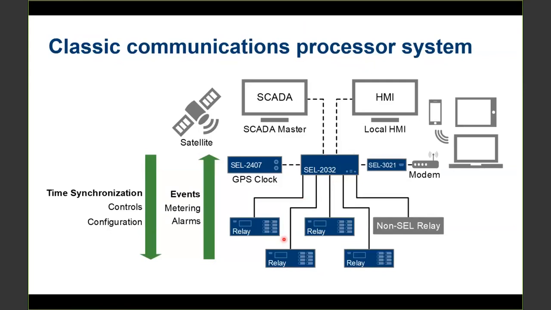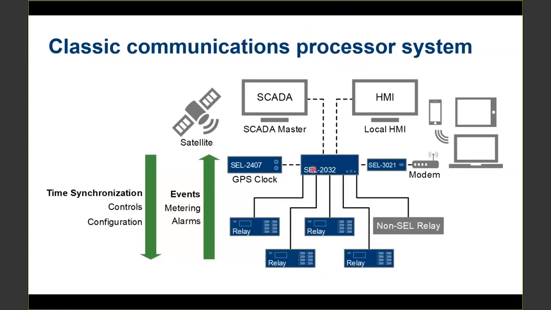It is possible to integrate some non-SEL devices to the 2032 if the non-SEL device provides a terminal-style interface or a protocol with a very simple data message structure. The 2032 also can receive IRIG synchronization from a GPS, for example.